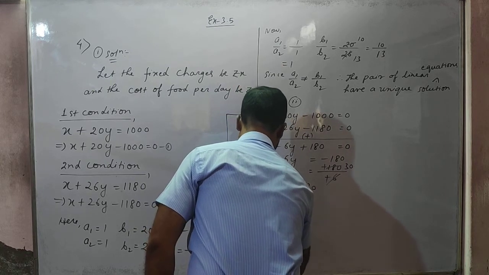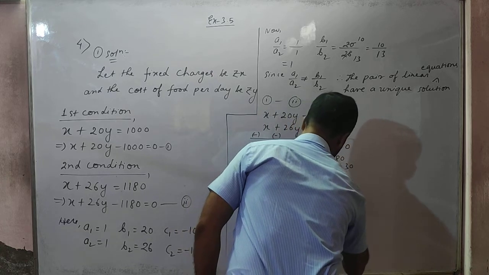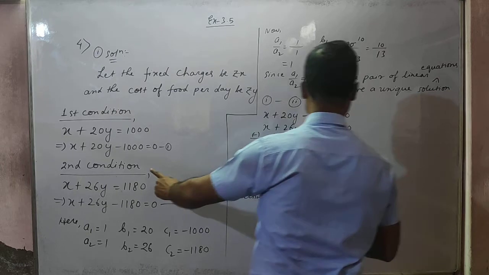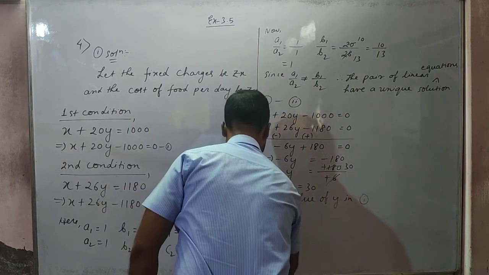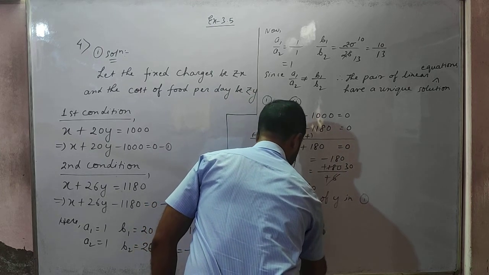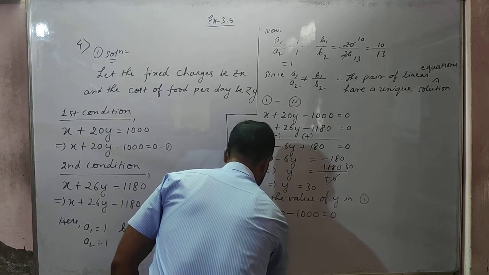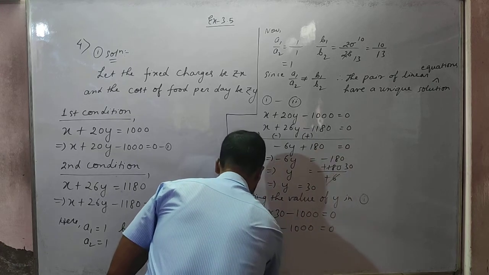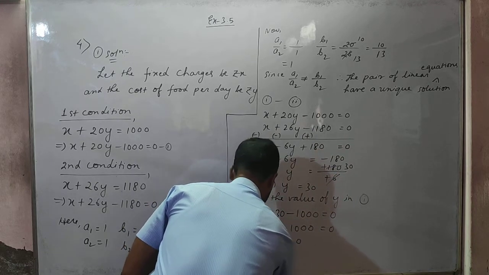Putting the value of y in 1. So x plus 20 into 30 minus 1000 is equal to 0. So x plus 600 minus 1000 is equal to 0. So x minus 400 is equal to 0.